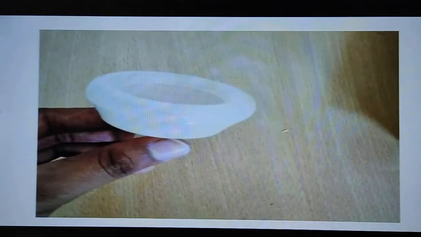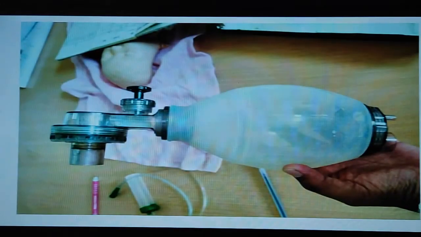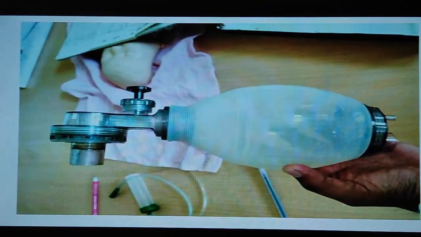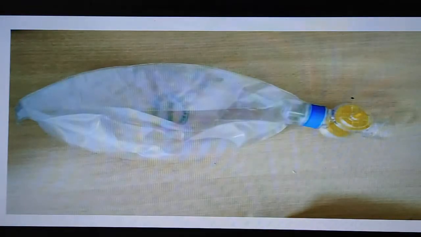This is face mask. This is self-inflating type of resuscitation bag or AMBU bag, artificial manual breathing unit. This is oxygen reservoir. So this is all.